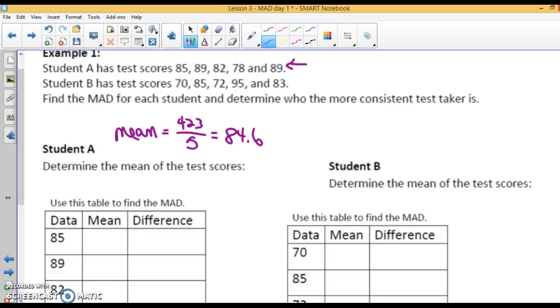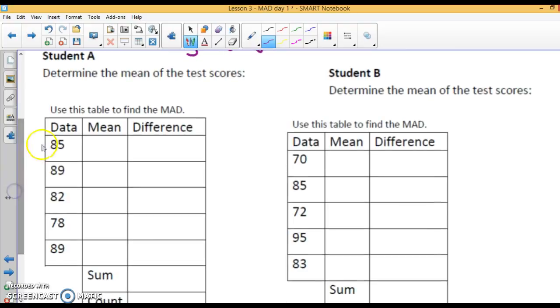Now, look what I'm doing for student A. We've made a table. Here's their test scores. The mean we just found to be 84.6. And what you are going to do is you are going to find the distance by subtracting those two numbers, and you always want them to be positive.